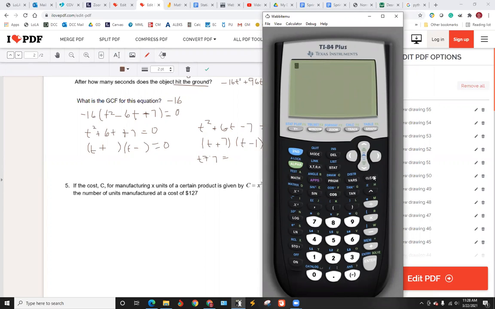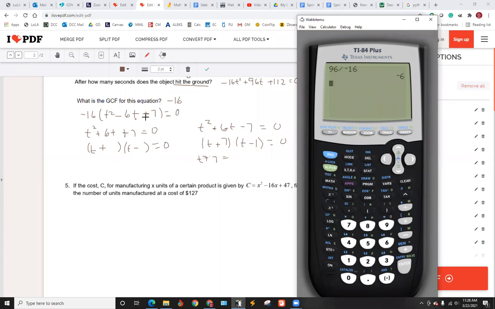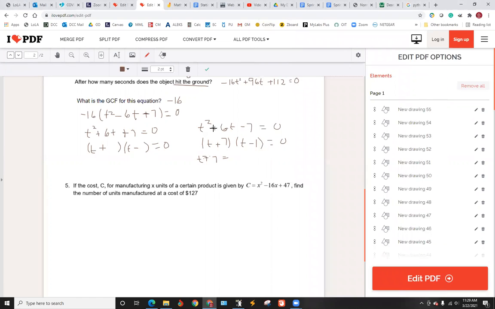Whoops. 96 divided by negative 16. So negative 16 is right. So this one is also negative. So both of these are negative. So that means the larger one is negative, right? Okay, and then this one's positive. So sorry about that.